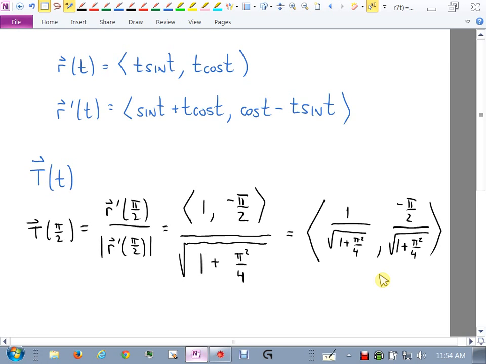But what if you were asked to find capital T of t, not at a specific point, but in general? Wouldn't you have to take this vector and divide it by its own magnitude? And wouldn't the magnitude suck to get? It would be the square root of this squared plus this squared.